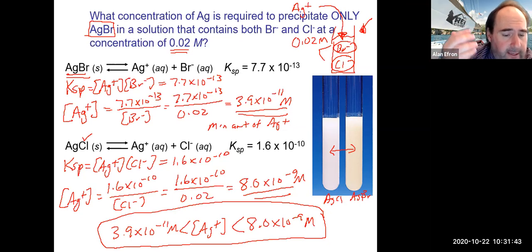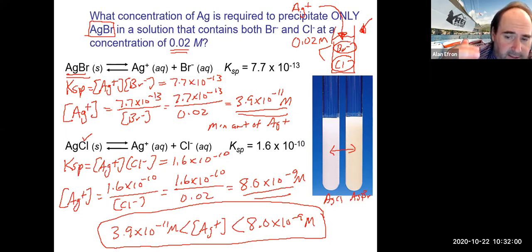At that point, we should start to see a white solid being formed, and again, that white solid should be silver bromide. You can actually continue to increase the concentration of silver as long as you keep it below 8 times 10 to the minus 9.